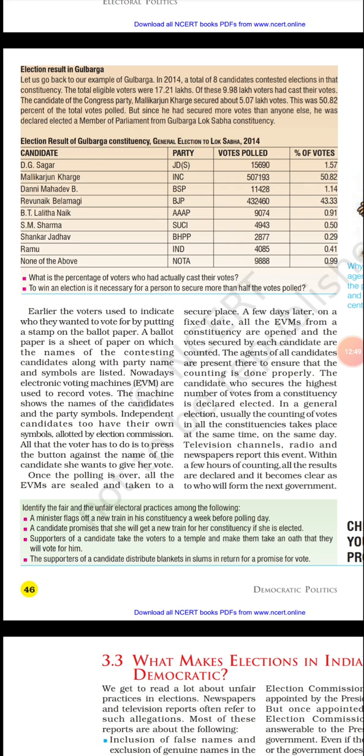During the counting, the agents of all the candidates who were nominated in that election will be present to ensure that the counting is done properly and there is no misguiding. That is the reason all the agents will be present.